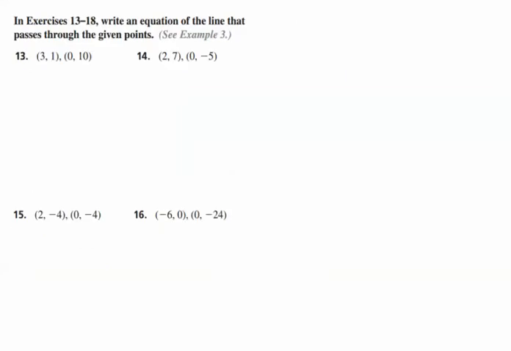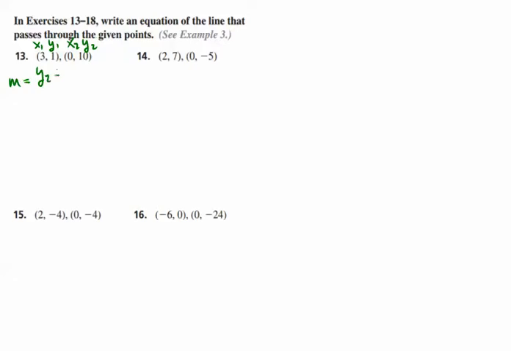Next we have 4 examples where we're given 2 pairs of points. I'm going to label x1, y1, x2, y2. Find my slope.